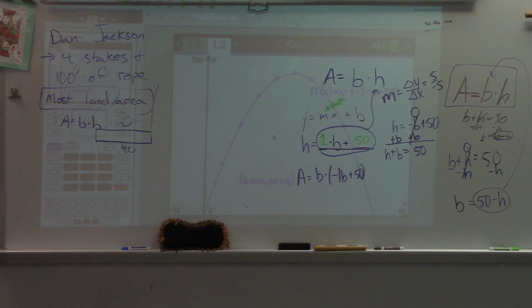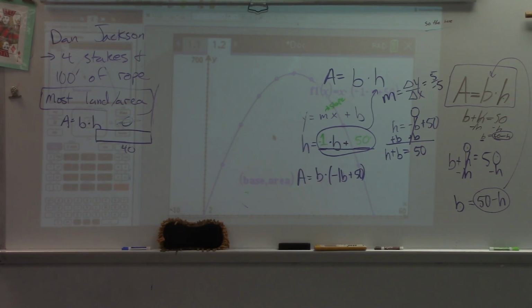Let me ask this question. Listen. It doesn't matter which representation I look at, a height of 5 should map to what? What should the height of 5 map to? 225. What should the height of 10 map to? 400. 15? 525.